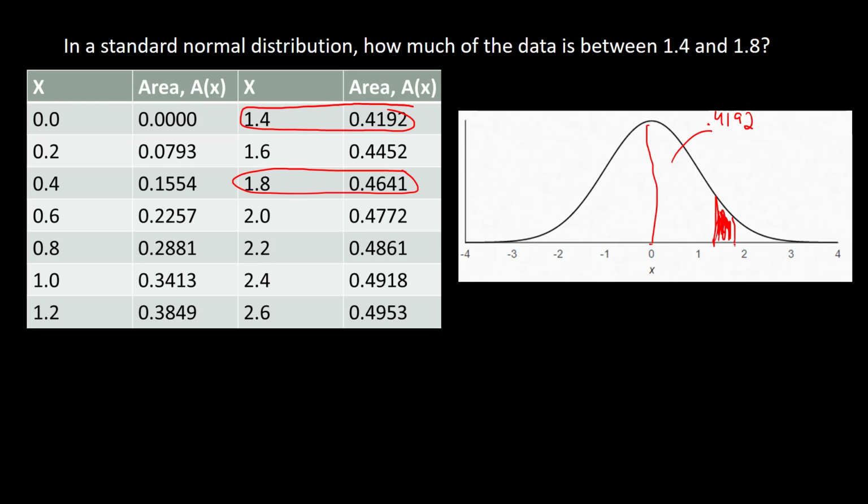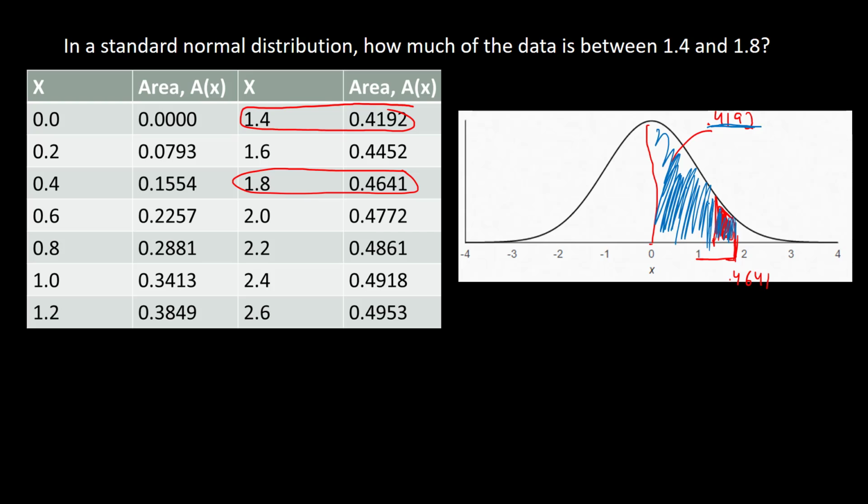And the area from 1.8 to 0 is going to be 0.4641. The area 0.4641 will include this area that we're trying to find, but it also includes everything over here that we already found. We already know that is 0.4192. So we have an overlap there of 0.4192.